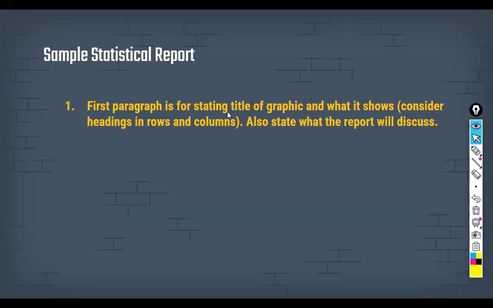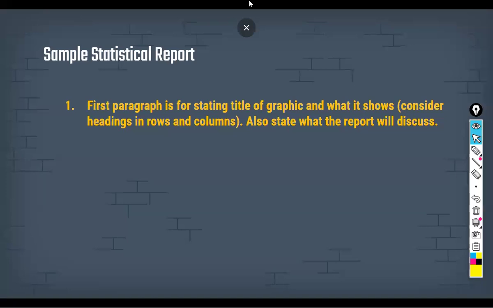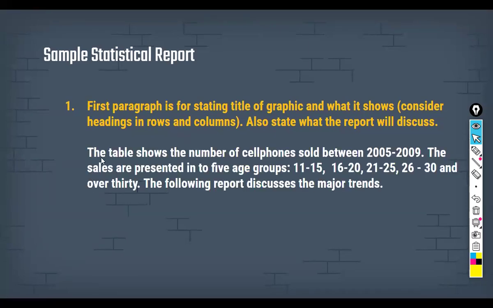The first paragraph is for saying what the title of the graphic is and what it shows, and what your report will discuss. All right. So the table shows the number of cell phones sold between 2005 to 2009. The sales are presented in 5 age groups. They have an extra 2 there.